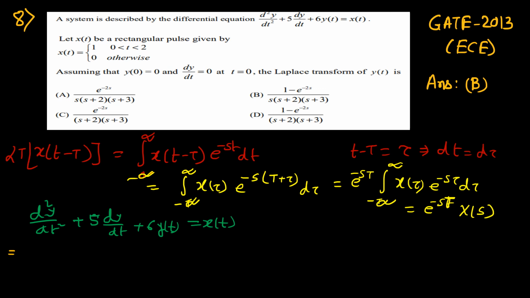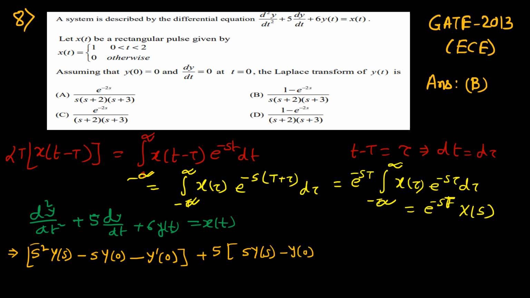First one is s square capital Y of s minus s times y of 0 minus y prime 0, the derivative that we have seen, plus 5, Laplace transform of this one is s times Y of s minus y of 0, small y of 0. Okay, this is small, and this is 6 Y of s, this is your capital X of s.